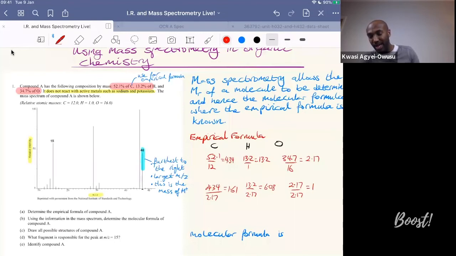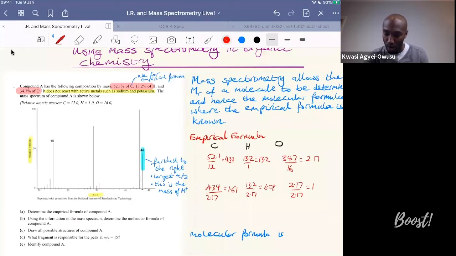And so that in itself isn't a particularly useful ratio to have. So if we multiply that through, hopefully by, let's have a look. We should have a simpler ratio than what I've got here. So if we double check our calculation, we've got 52.1 divided by 12, and that should give us 4.34, that's fine.